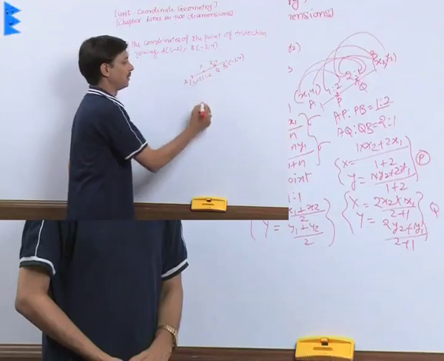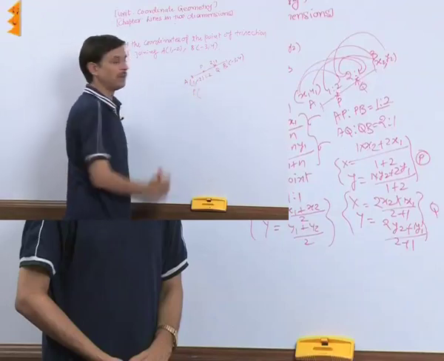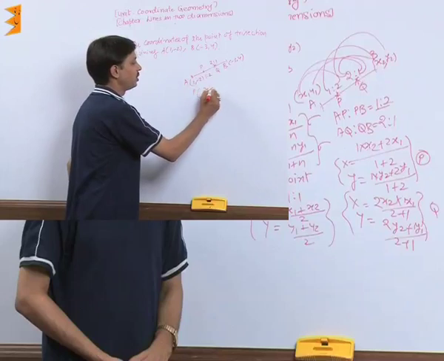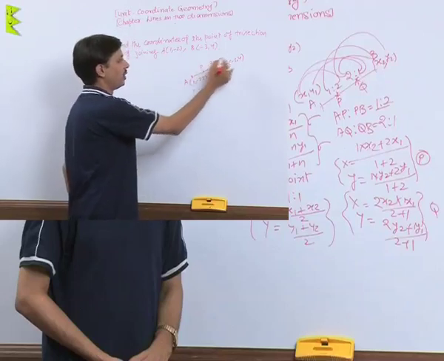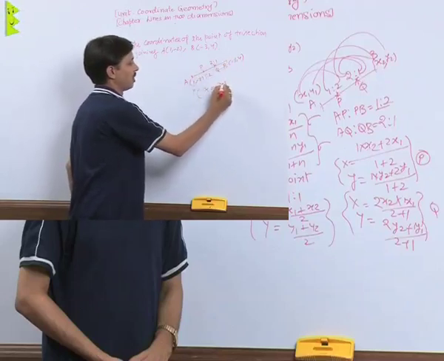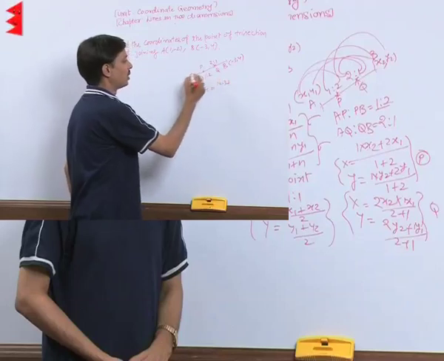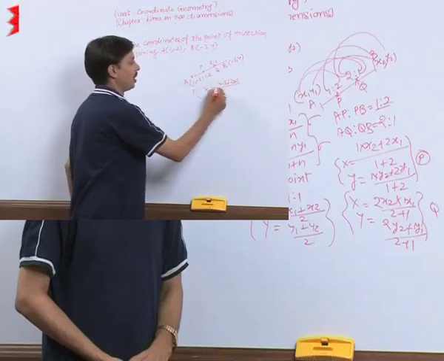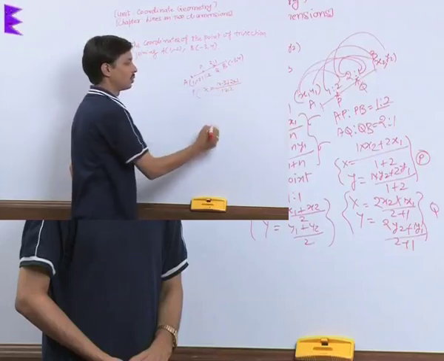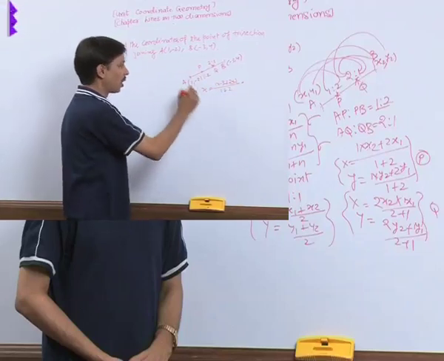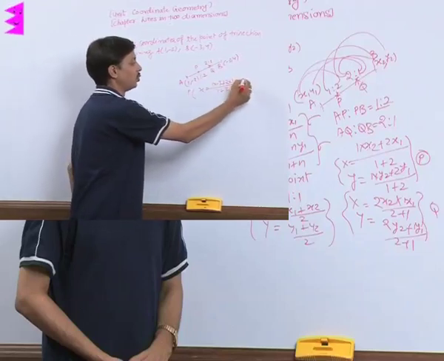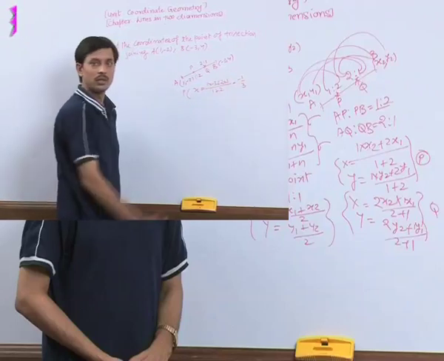First of all, P. The coordinates of P will be given by x equals m x2, 1 into minus 3, plus n x1, that is 2 into 1, upon the sum of ratios 1 plus 2. So the value of x for P is (minus 3 plus 2), that is minus 1 upon 3.